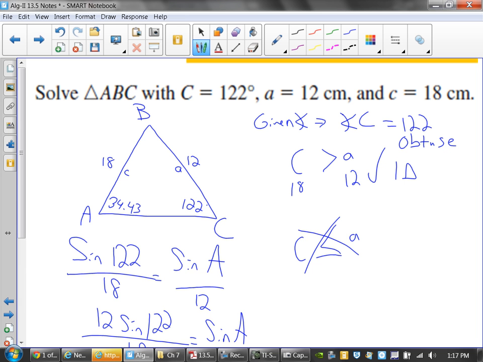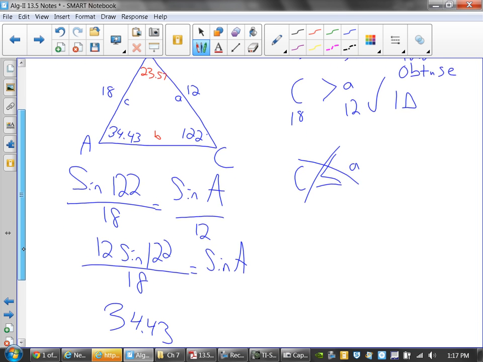23.57? And then how do I find side B? Law of sines. Very good.